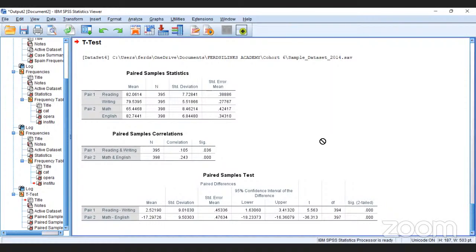Let's check the variation. Where is variation higher? Is it in reading or in writing? Variation is also higher in reading. Do we all accept?